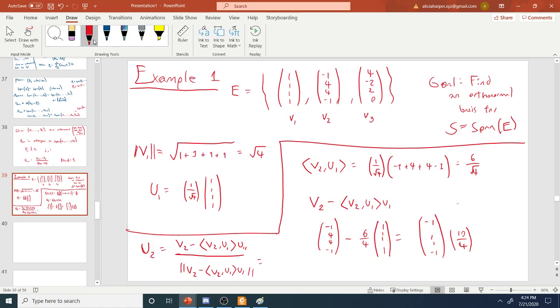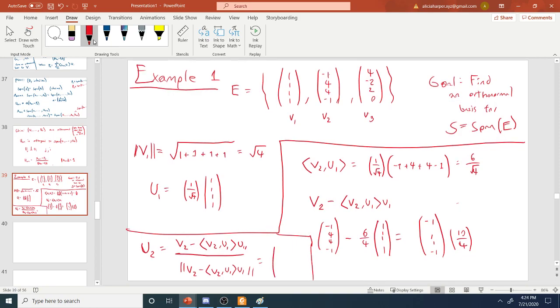If I do that, I get just the vector negative 1, 1, 1, negative 1, times 1 over the square root of 4.